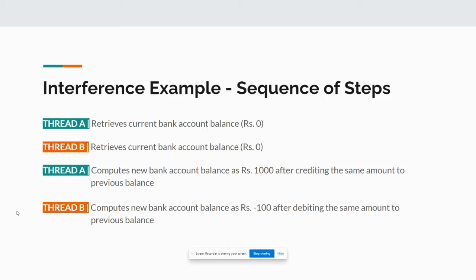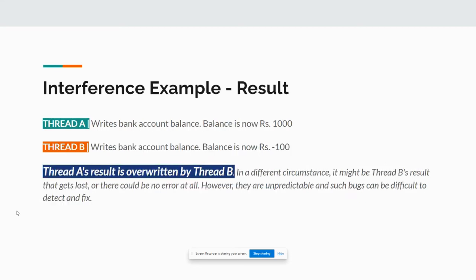So now the problem is, these two threads are separate, but let's assume that to persist this bank account balance, these two threads have to access or communicate to the main thread, which has actual access to the persistent memory where the bank account balance is written.